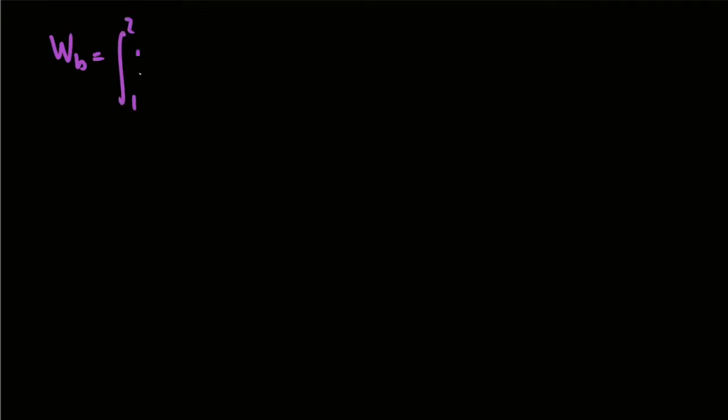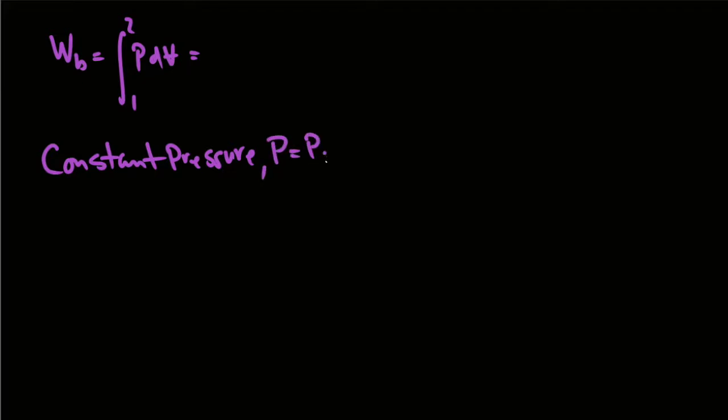We know the integral is P dV from 1 to 2, and since we're dealing with constant pressure, P is equal to P1, which is equal to P2, which we're going to say is just P naught. So we put P naught here, and since it's a constant, we take it out of the integral.